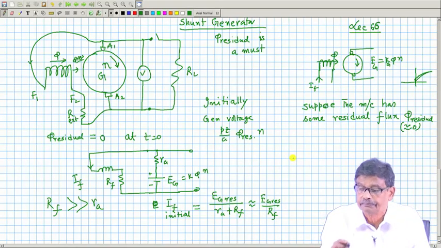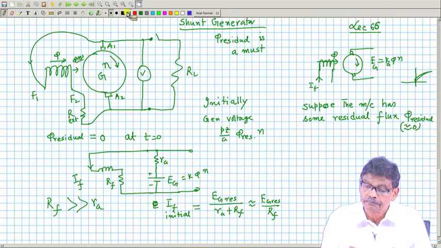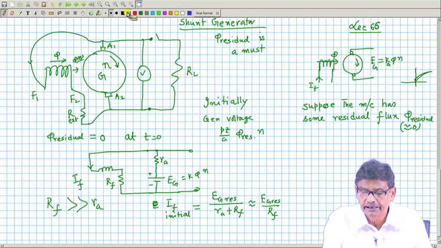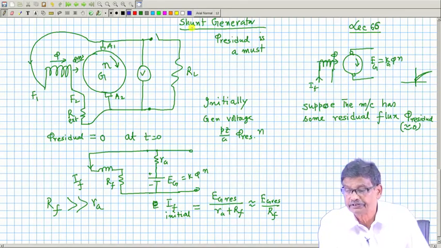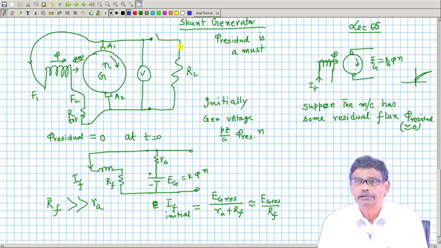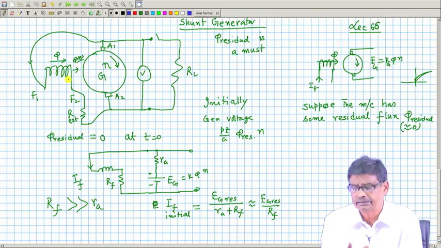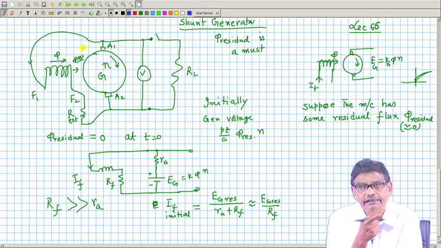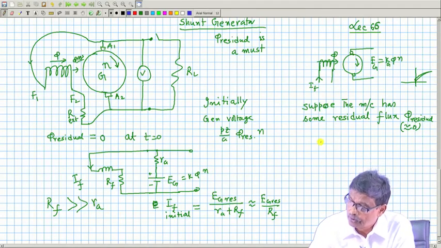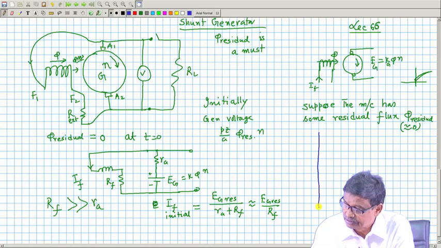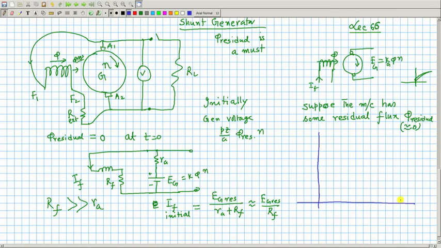I will first do it here. Suppose I have connected the machine in shunt fashion. Shunt means field winding in parallel with armature, another external resistance. Of course, you connect this in parallel with armature. Suppose this machine as a separately excited generator, I know what is the OCC, because same machine can be used as a separately excited generator or a shunt generator.